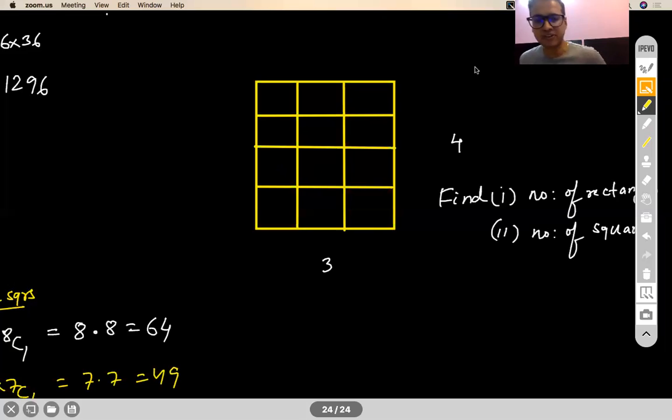Find the total number of rectangles and find the total number of squares. Remember, all squares are also rectangles.